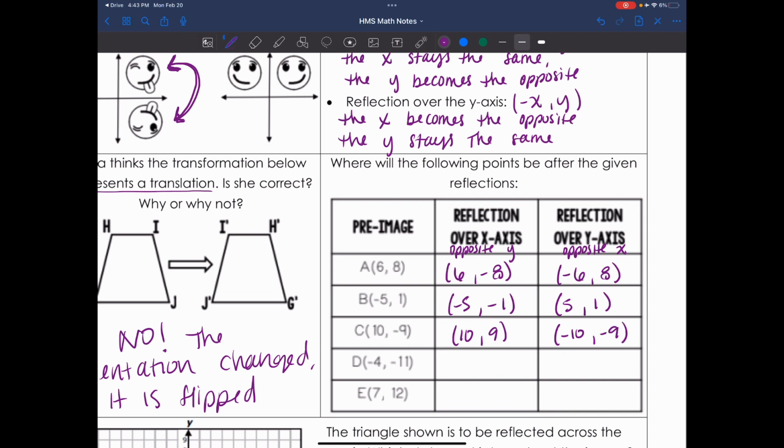I'm just finding the opposite depending on what I'm reflecting across. So negative 11 becomes 11, and 12 becomes negative 12. Negative 4 becomes positive 4, and negative 11 stays the same. 7 becomes negative 7, and 12 stays the same.